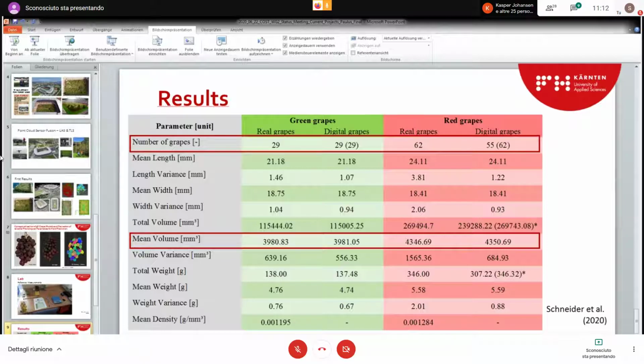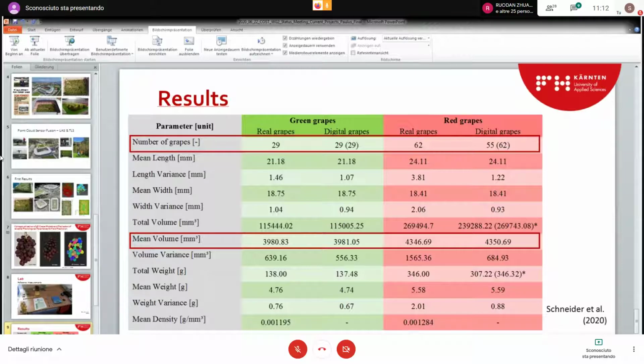We were able to identify the correct number of grapes, comparing the real grapes to the 3D models, and the volumes also fit quite well together. There were some problems in terms of matching between the green grapes and the red grapes. With the green grapes, it worked much better.